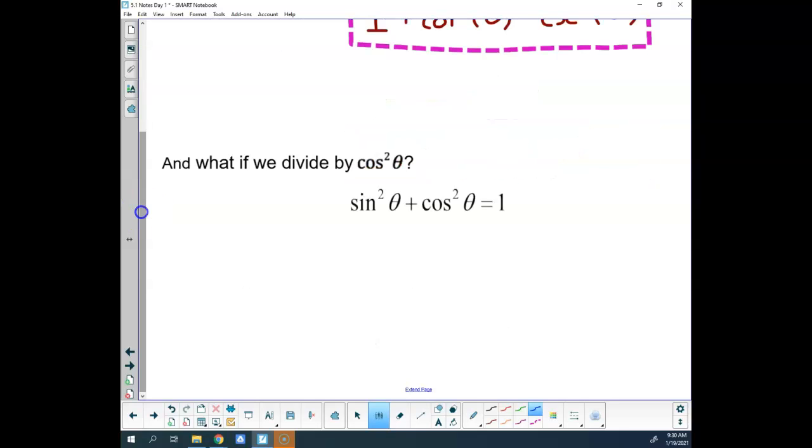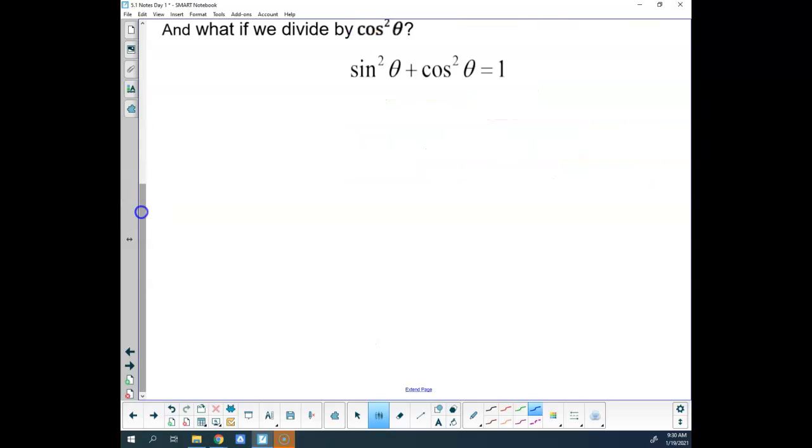Well, let's do the same thing, but instead, let's divide everything by cosine squared.